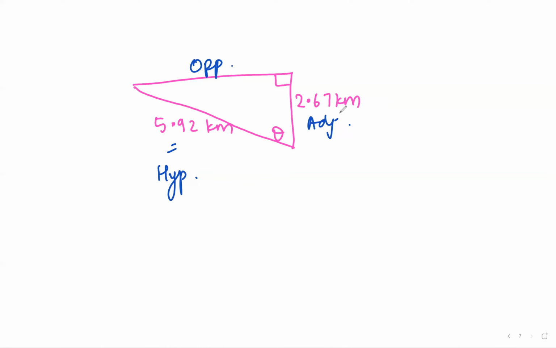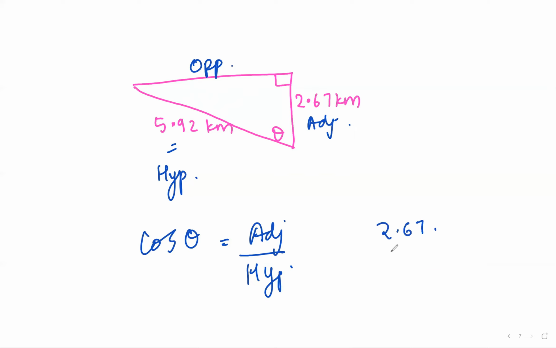I have adjacent over here and hypotenuse over here, and I have to find theta. Adjacent over hypotenuse is whose formula? Kiddos, adjacent over hypotenuse is whose formula? Yes, you all are right. This is the cos formula.